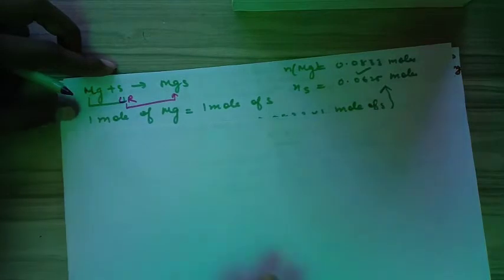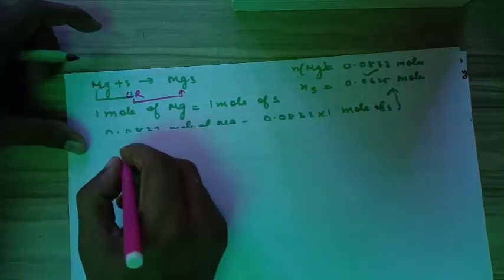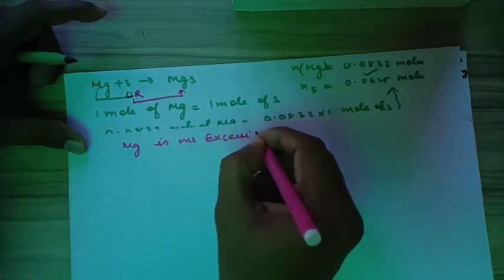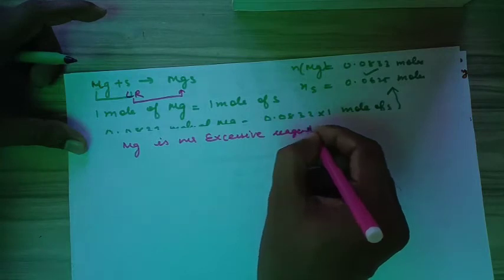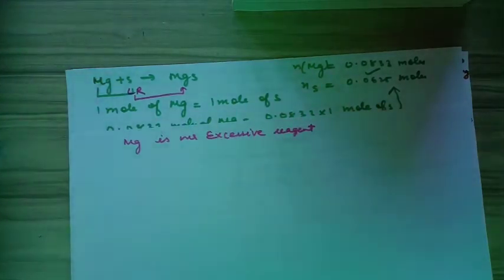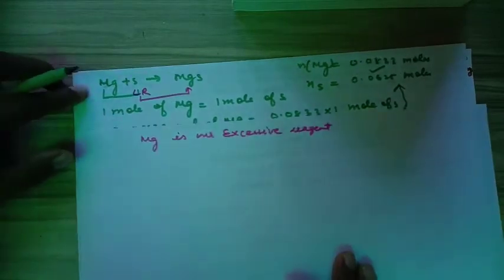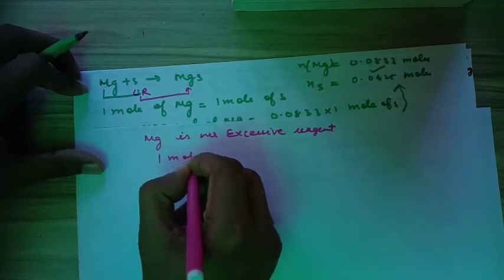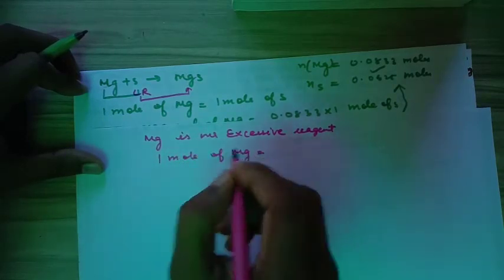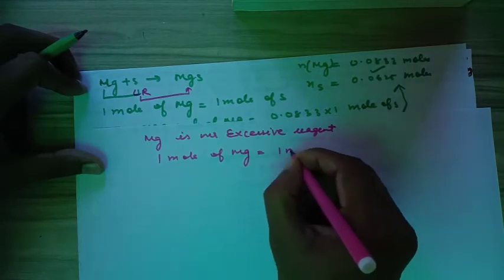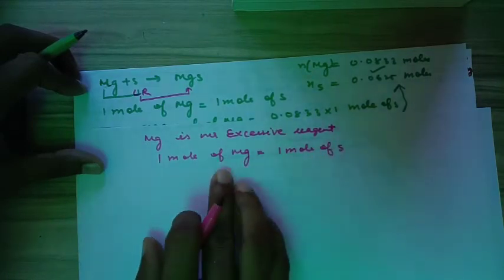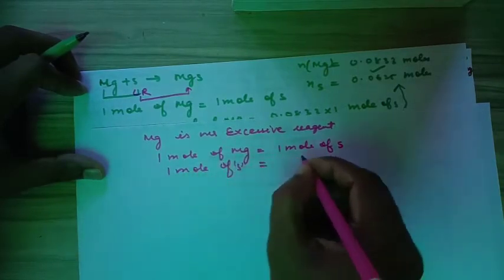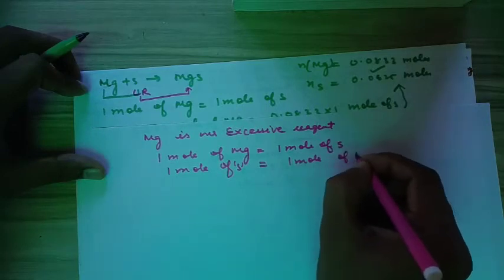Now here we see that Mg is our excess reagent, but by how much? So we can compare Mg and S. Here 1 mole of Mg will give us 1 mole of sulfur, but we have to now obtain from Mg, so we can write it as 1 mole of sulfur will give us 1 mole of Mg.